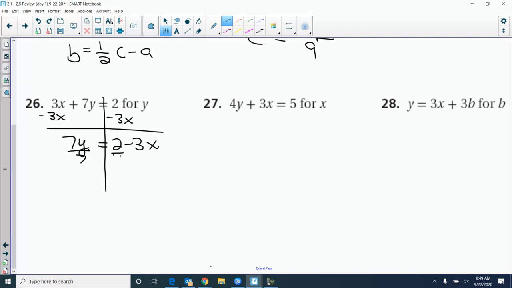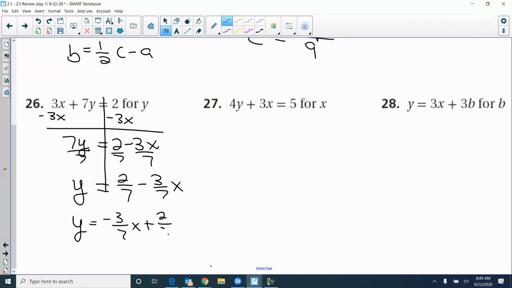Divide by 7, and I'm going to divide each piece by 7. Now that gives me y equals, 7 doesn't go into 2, so write it as 2 sevenths. 7 doesn't go into 3, so write it as 3 sevenths x. For a problem like this, when you have an x and a y, I want you to write the x first. So write the very last step: y equals negative 3 sevenths x plus 2 sevenths. Do that one.